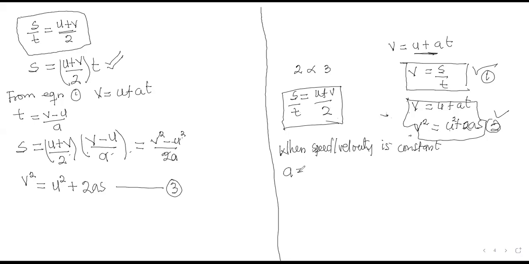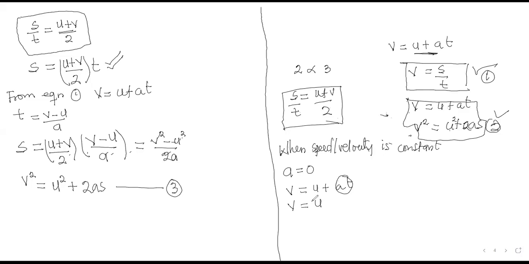Yes, zero. So look at something. If A is 0 in equation 1, it means final speed is equal to initial speed.